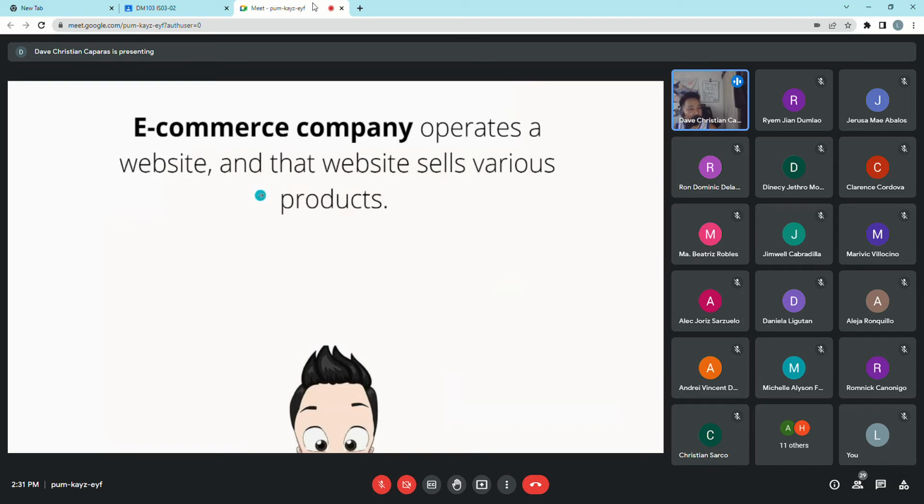Pwede, like Lazada and Shopee. Or even, you can be, tawag dito, a seller wherein gagamit ka lang ng platform ng iba, like Lazada or Shopee. Seller ka, may e-commerce business ka, pero yung platform na gagamit ng platform ka kay Lazada at Shopee. Okay, so ganun na ngayon, nag-evolve na ang e-commerce.